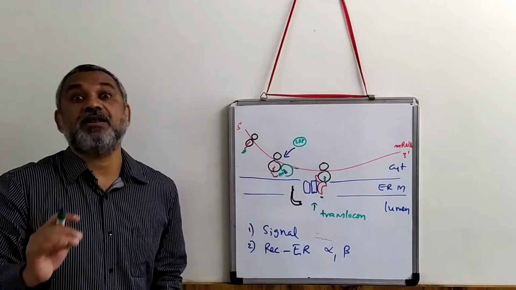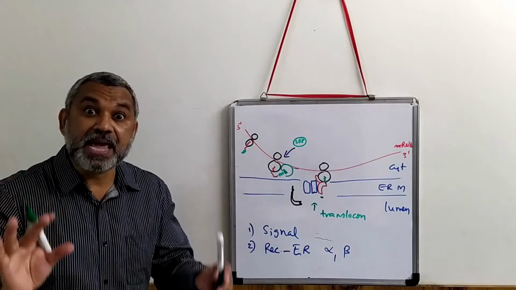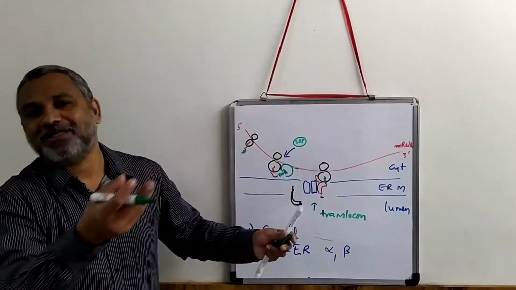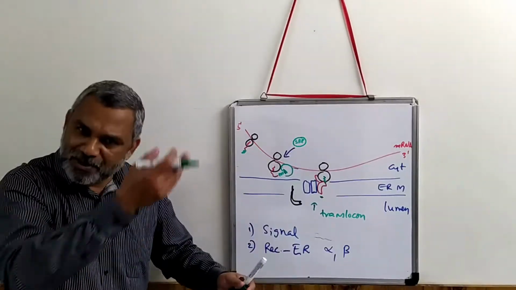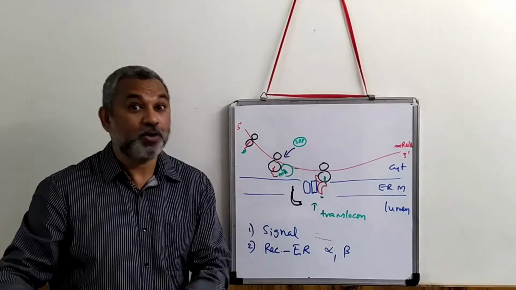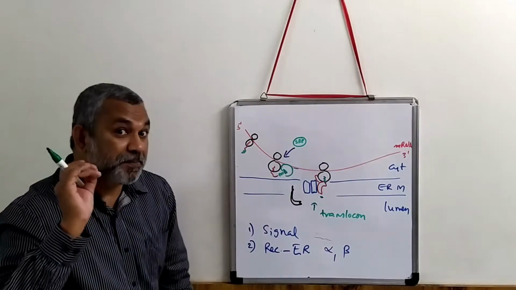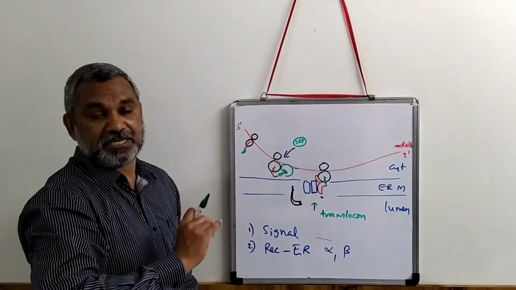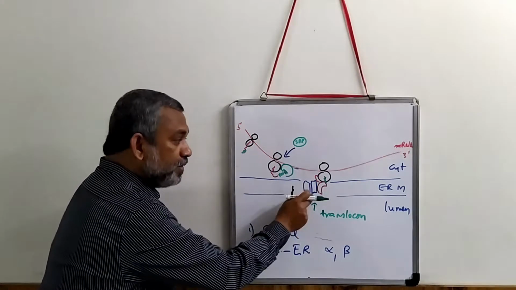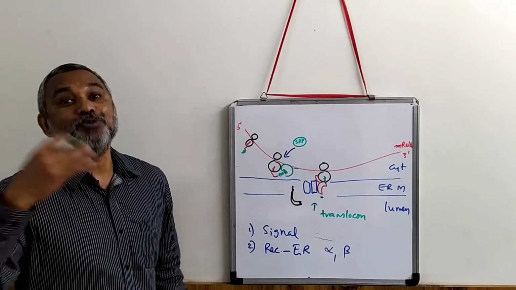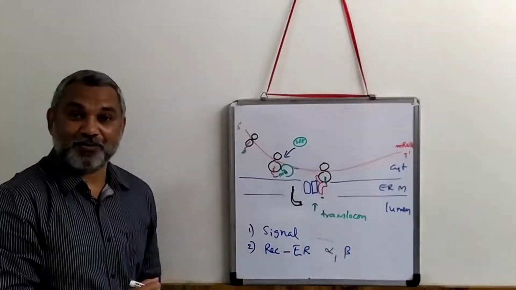Now this channel will always remain closed, because if it remains open, other molecules, ions, etc. will pass through from the cytoplasm to the lumen. These two are maintained in separate, distinct places. So therefore, this channel will always remain closed. How to open this channel now?